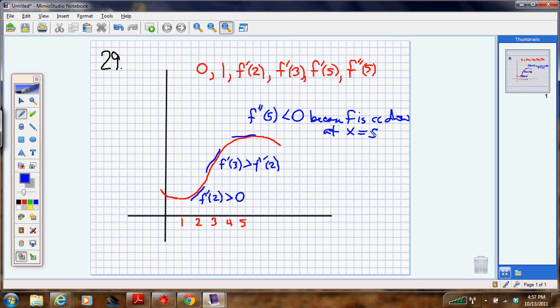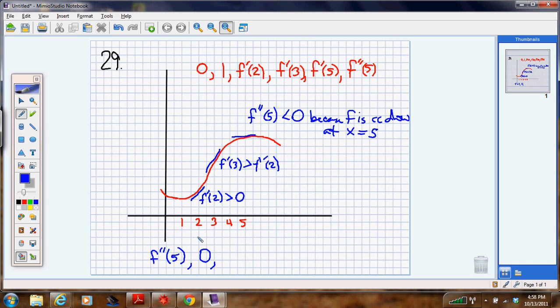Alright, so we have a rough sketch here. We know what goes first. So f double prime of 5 is negative, so that goes first. That's the only negative value, so then after that would come 0. And now we have to determine the positive values. The only thing we really don't know at the moment is where 1 fits into these positive values.